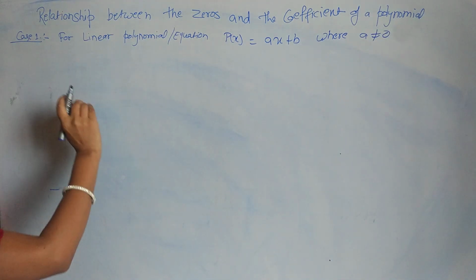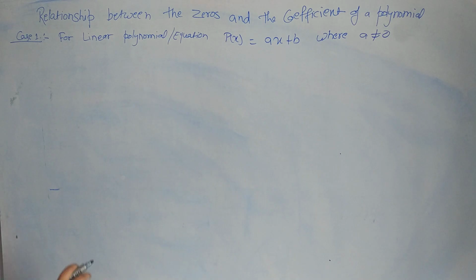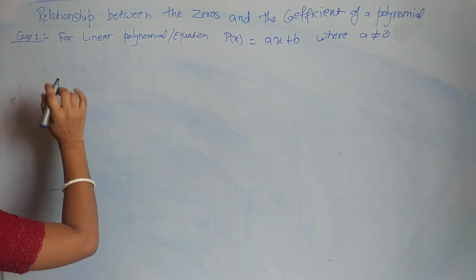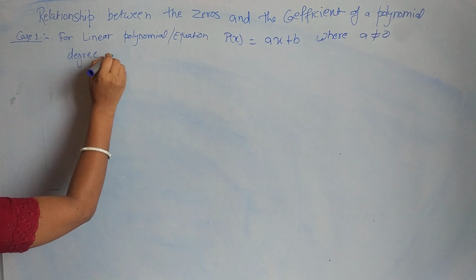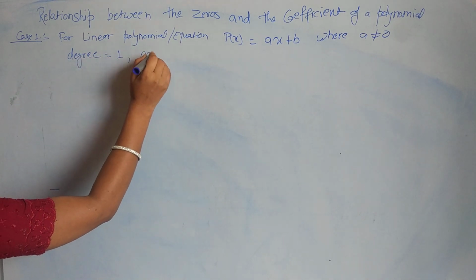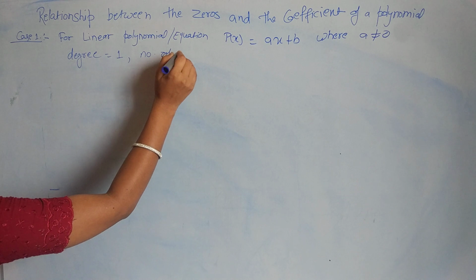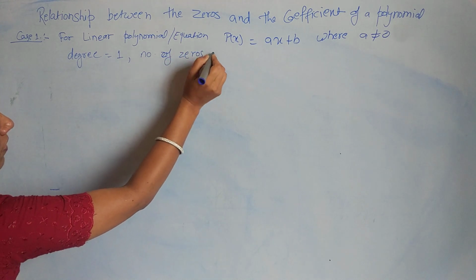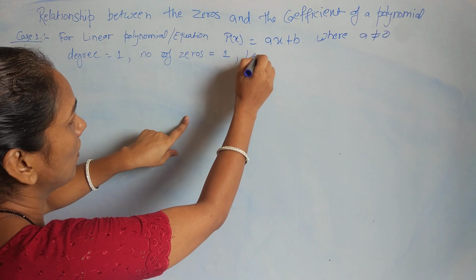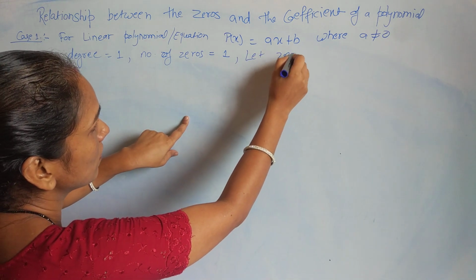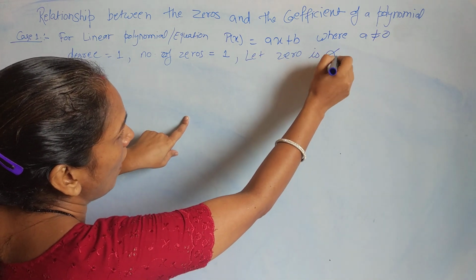The degree is 1, so the number of zeros is 1. Let that zero be alpha.